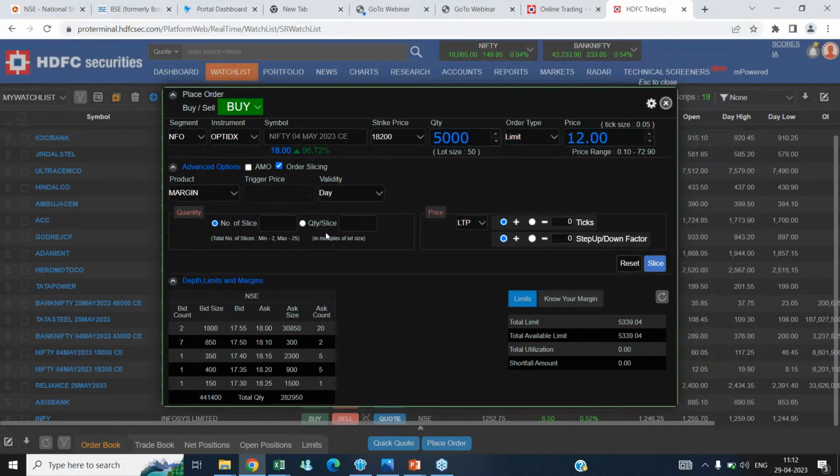Once you click on order slicing, there will be two boxes which will get auto populated. That is quantity, and the second one is the price. Now, for quantity, you have two options to slice this particular order. Either by number of orders, meaning you decide how many baby orders these 5,000 shares get distributed into. Or you have an option known as quantity per slice.